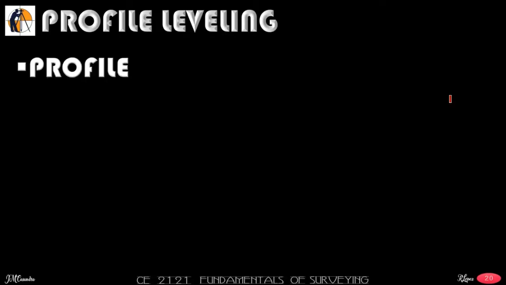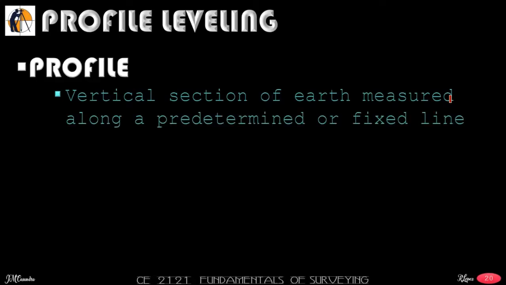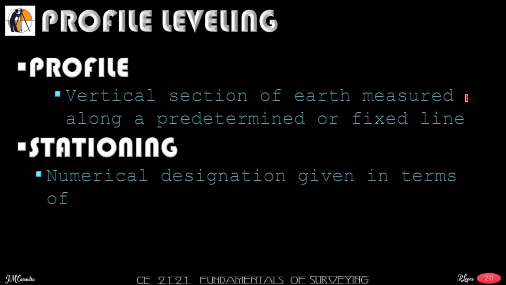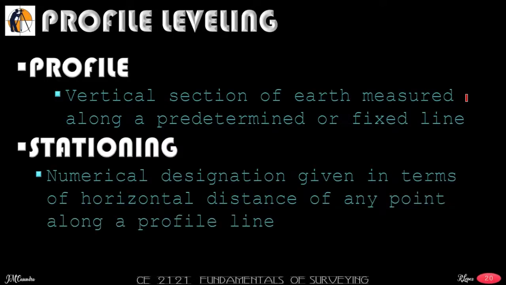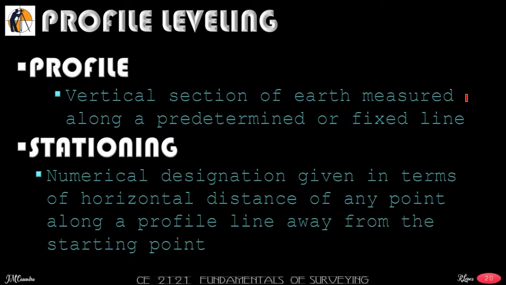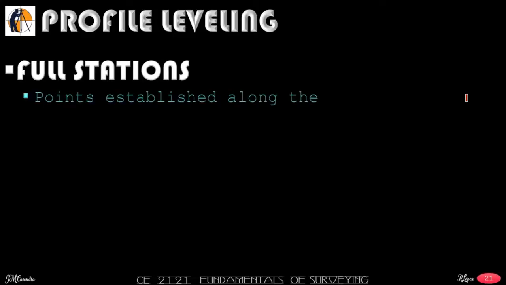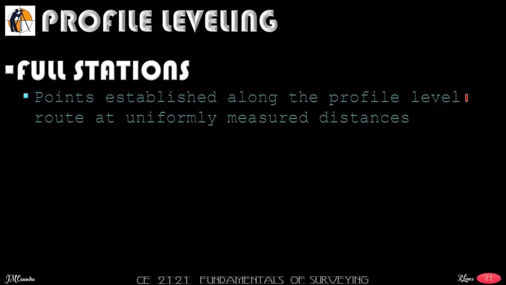So for profile leveling, we also have important terms to know. So we have profile, which is the vertical section of Earth measured along a predetermined or fixed line. We have your stationing, which is a numerical designation given in terms of horizontal distance of any point along a profile line away from your starting point or your benchmark 1. For stationing, we have two types: your full stations, which are points established along the profile level route at uniformly measured distances.